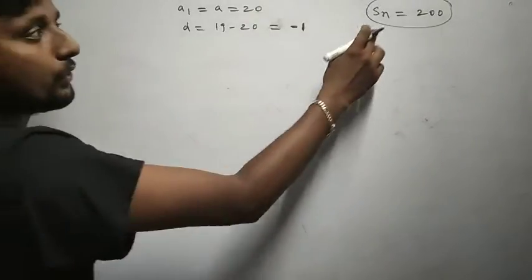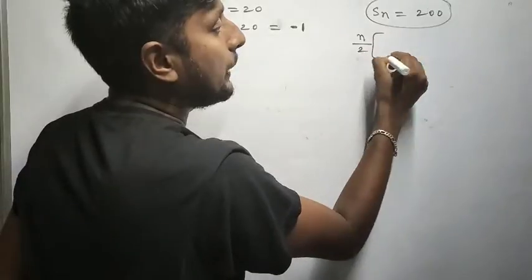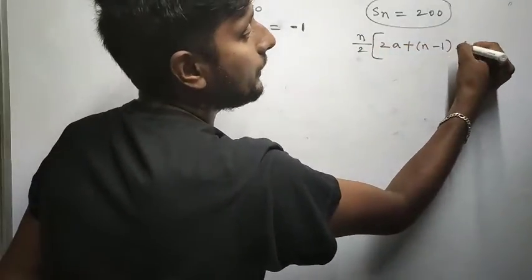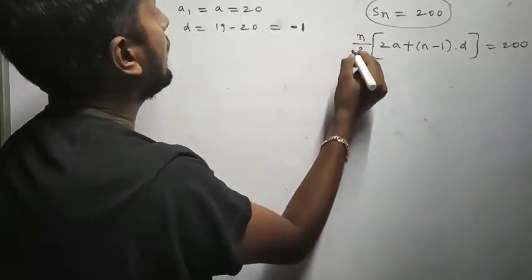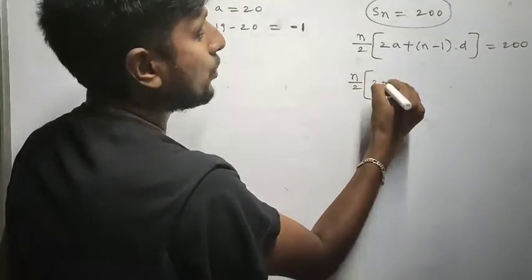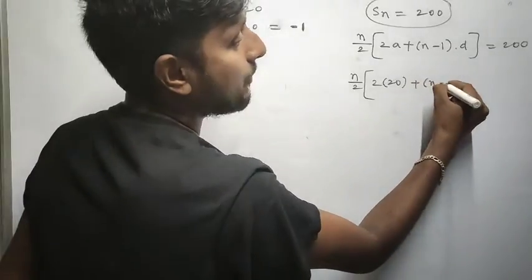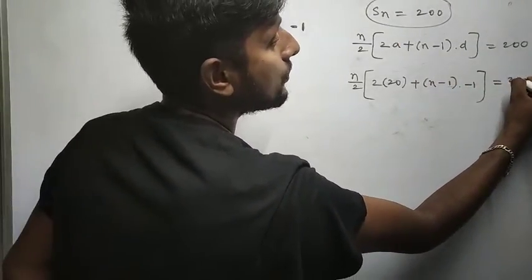Okay. So to find the n value, the formula is S of n equals n by 2 into 2a plus n minus 1 into d, that is equal to 200. Am I right? n by 2 I'll write as it is. 2 into a, that is 2 into 20, plus n minus 1, the d value minus 1, that is equal to 200.